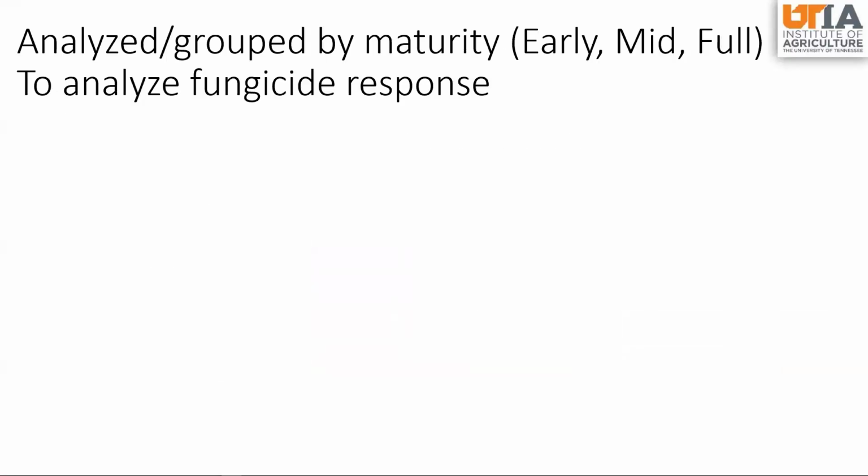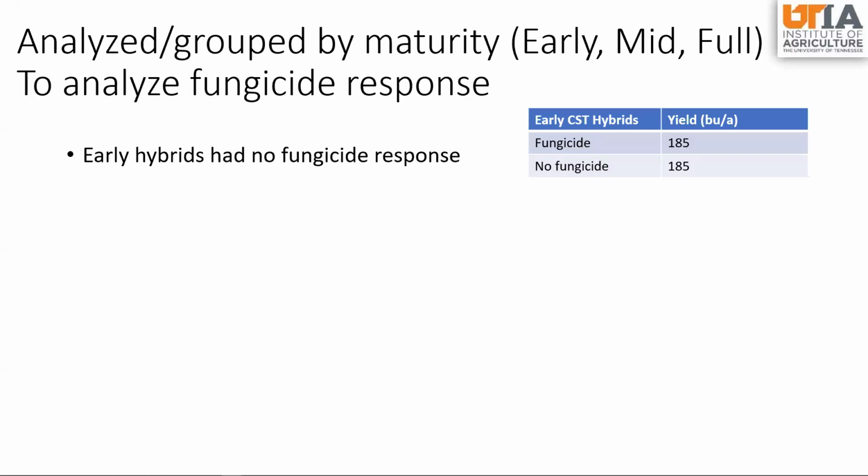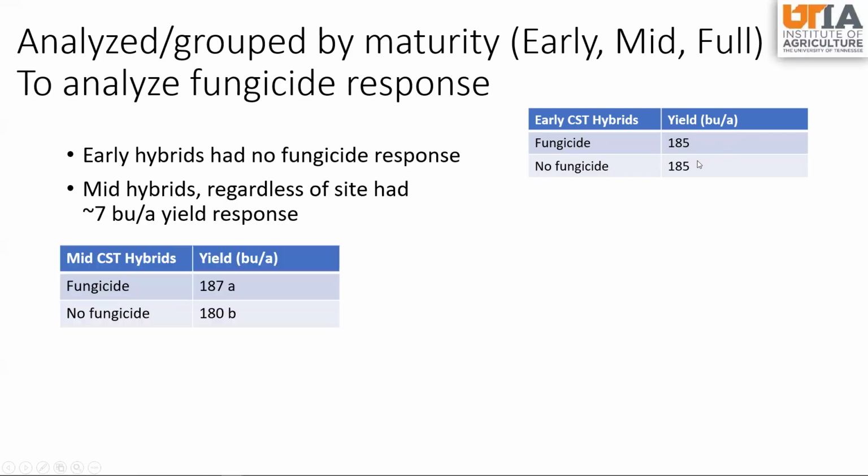Now, to dive further into how fungicide may have affected yield response, the data was analyzed and grouped by maturity, meaning early, mid, or full maturity. Looking at early maturing hybrids, we saw no response to a fungicide, neither statistically nor numerically.